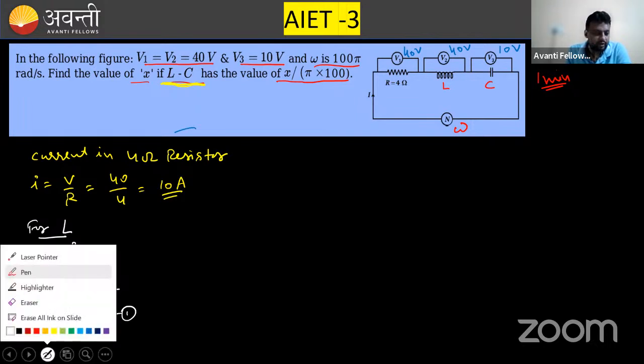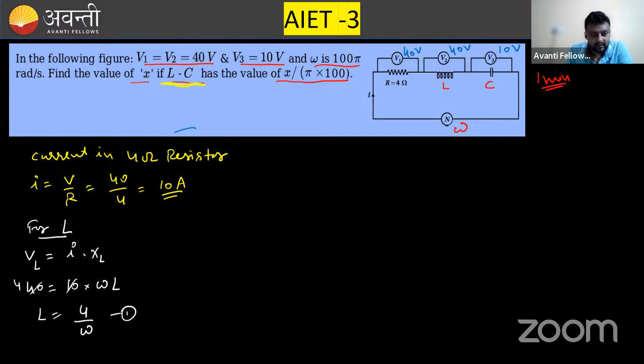Now if I write it for the capacitor, again applying Ohm's law, the potential across the capacitor is equal to current times its resistance, and the resistance of the capacitor is nothing but its reactance, XC.